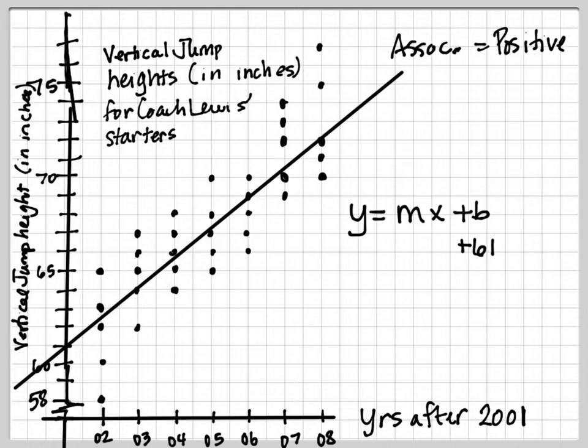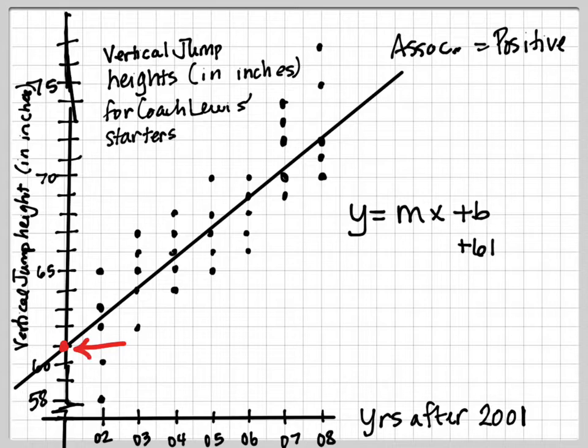And then I need to calculate the slope. In order to calculate the slope, I can take any 2 points on the line, not any 2 points in all the dots, but any 2 points on the line. This is actually a pretty nice point already because it's crossing at a corner spot. Again, the nice thing about graph paper.